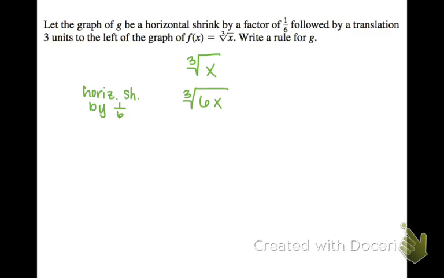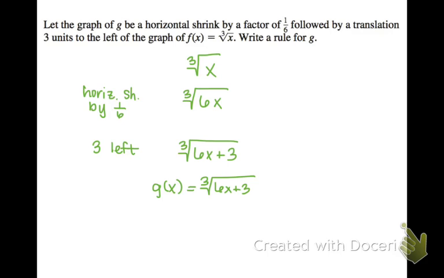Then we want a translation 3 units to the left. And again, left would also be horizontal, so that's going to also happen underneath our radical. Left would be plus 3 underneath. And so our final g of x would be the cube root of 6x plus 3.